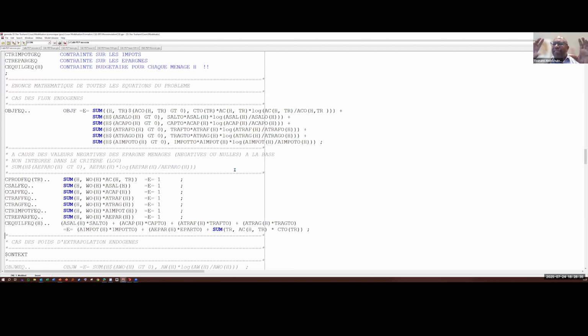Nous voulons minimiser cet écart, sous contrainte que la solution doit respecter les conditions comptables de la matrice de comptabilité sociale au niveau de chaque cellule, lorsque c'est extrapolé, et au niveau de chaque ménage pour assurer l'équilibre ressources-emploi pour chaque ménage. C'est ça ce qu'on est en train de faire.